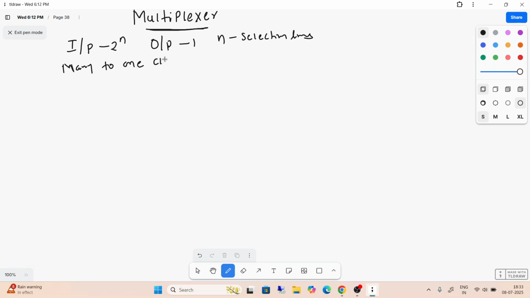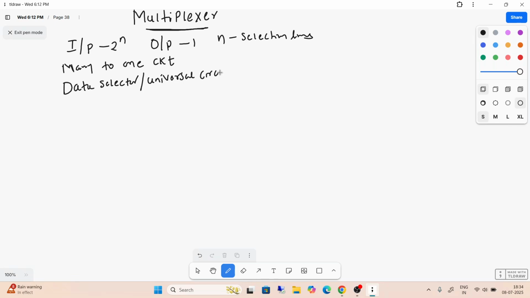At a time any one of the inputs is connected. That's why we call it a many to one circuit, or a data selector, or a universal circuit.